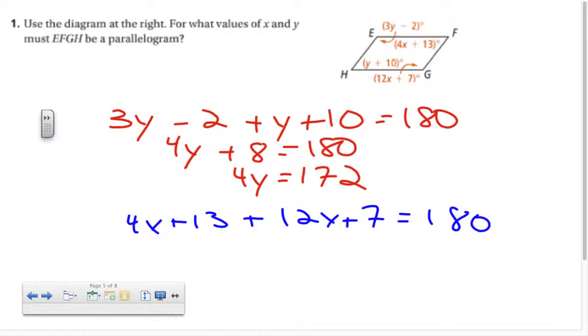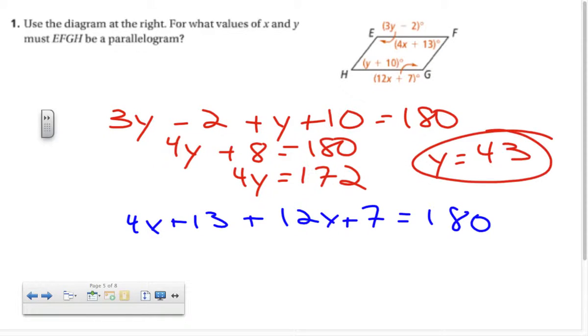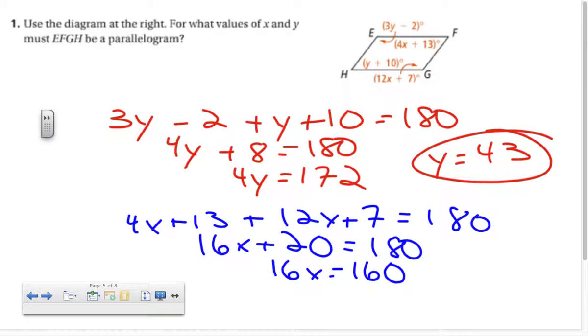What's that? 43. And then for the x equation, combining our like terms and solving, we have 16x plus 20 equals 180. Subtracting the 20, 16x equals 160. And then x is 10.